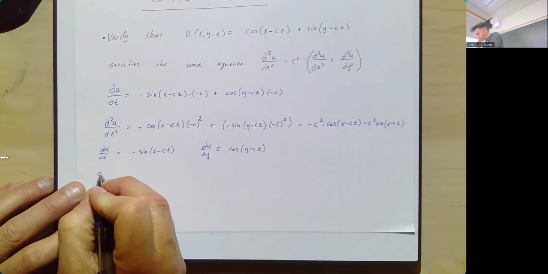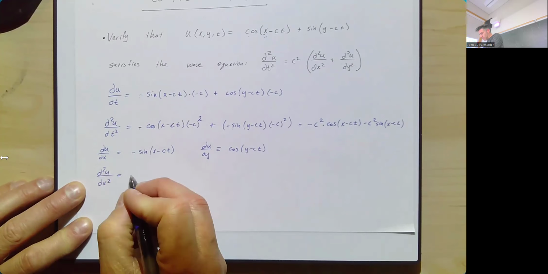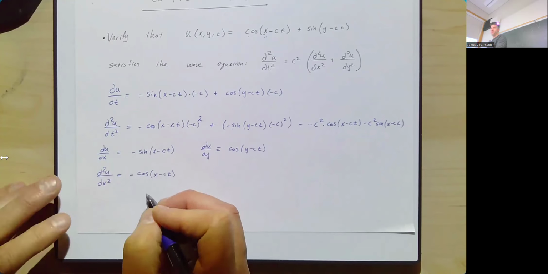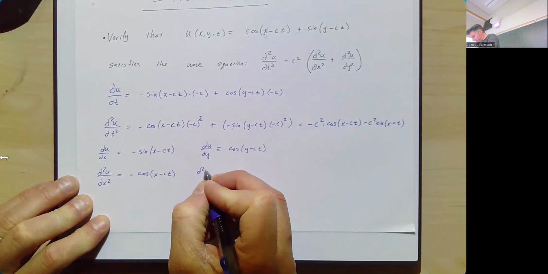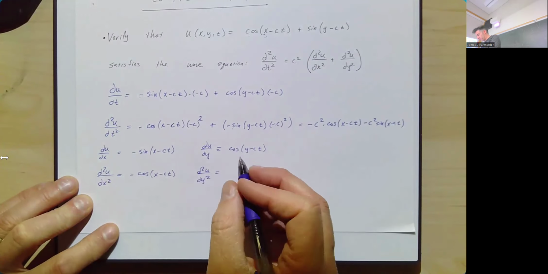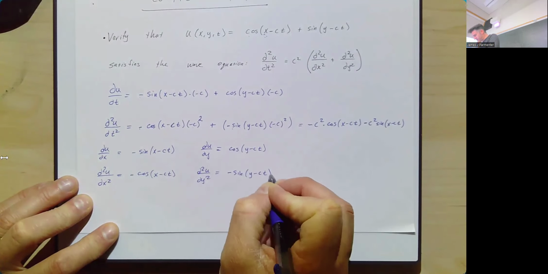So del squared u del x squared is going to be negative cosine of x minus ct times 1. Del squared u del y squared is going to be, the derivative of cosine is negative sine, so I'm going to get negative sine of y minus ct.